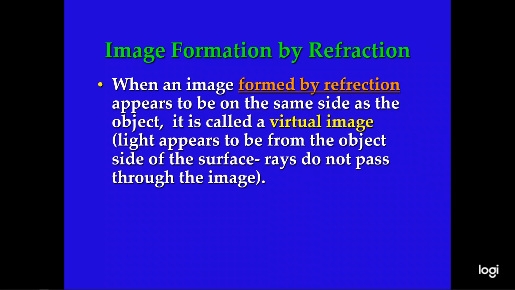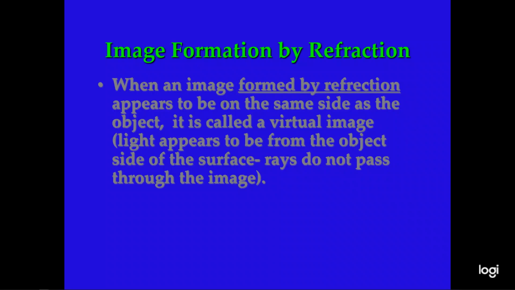Now, when an image is formed by refraction and the image is on the same side as the object, that image is called a virtual image. The light appears to be on the same side as the object. The rays don't pass through the image. You cannot project that on a screen.